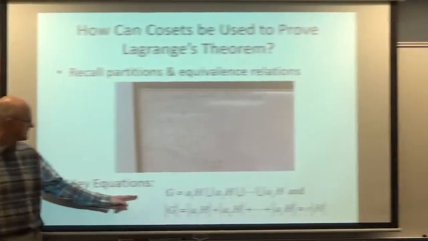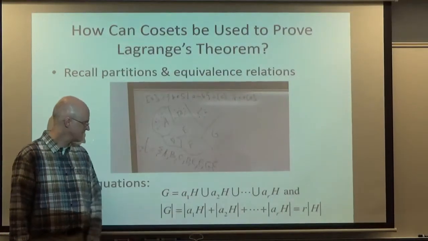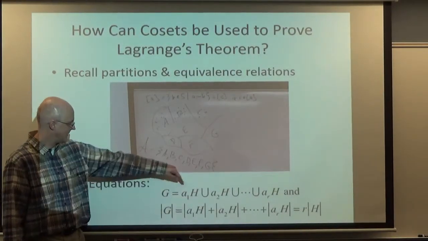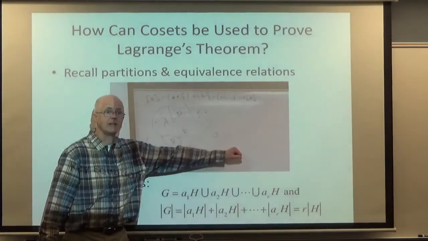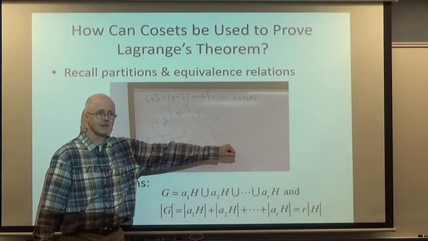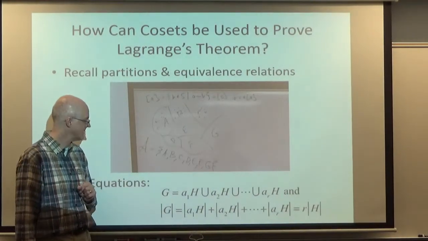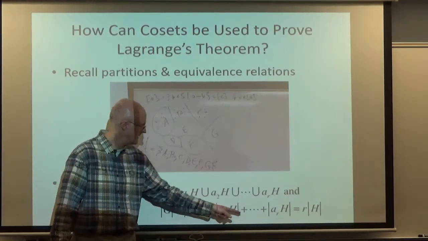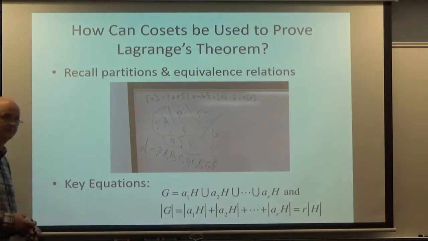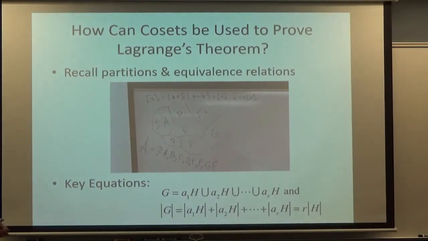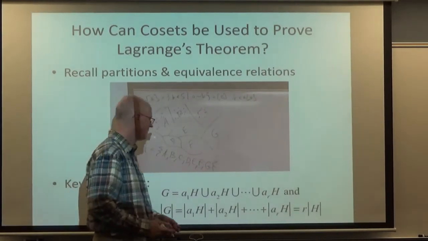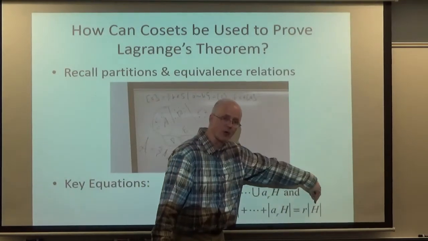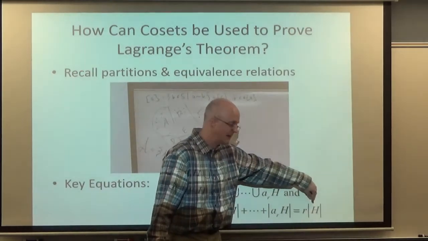The key equations you need are that G is a union of these things, and these things are disjoint. The intersection of any two of them is empty. Therefore, you can say the order of G is the sum of the number of elements in these different cosets. But they all have the same size. And that size is the same as the order of H itself. And there's r of them.